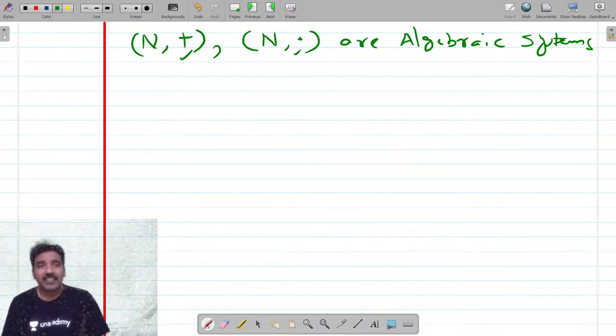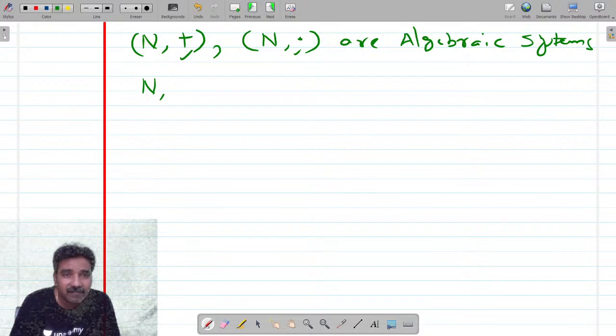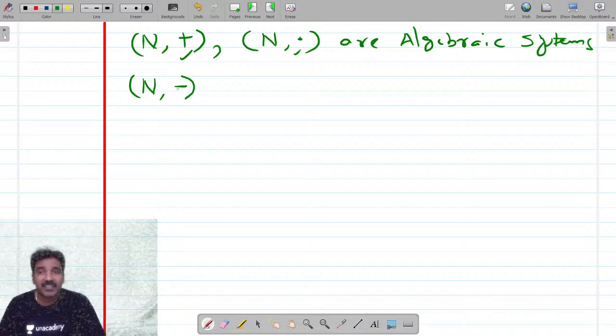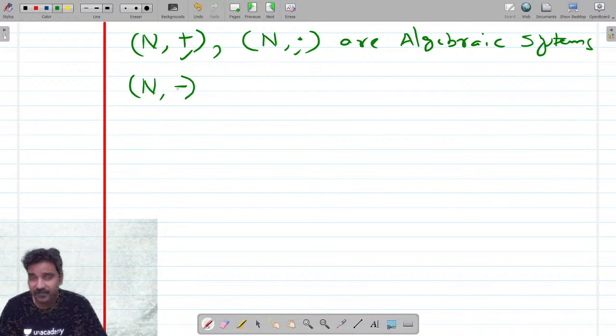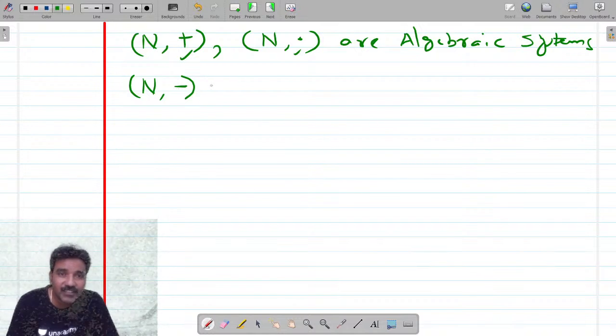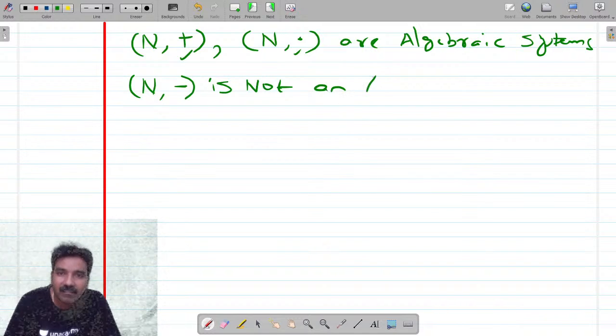Suppose what about N comma minus? If you subtract any natural number from any natural number, will the result be a natural number? If it fails in at least one example, I can say that it is not an algebraic system. Very clear. If you take a value 2, b value 3, a minus b equal to minus 1, that's not a natural number. So N comma minus is not an algebraic system.